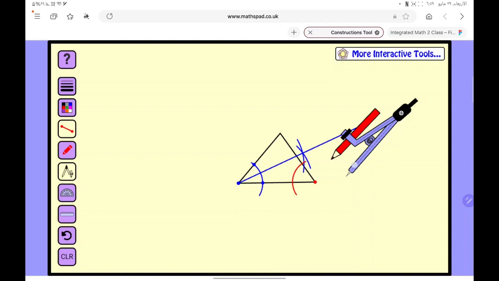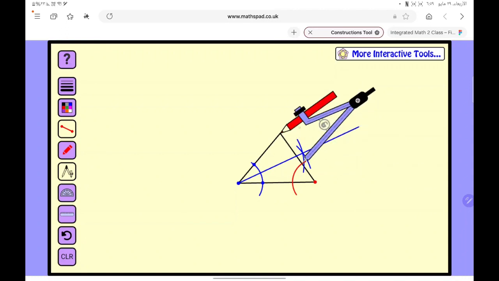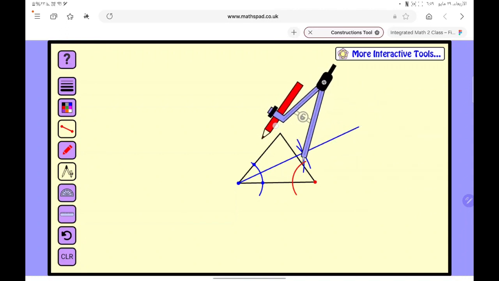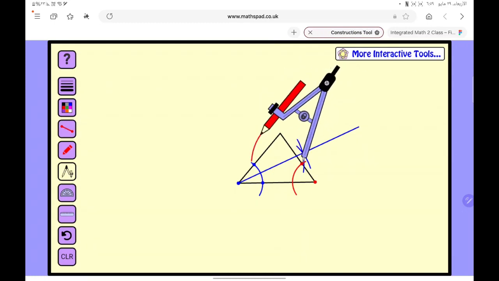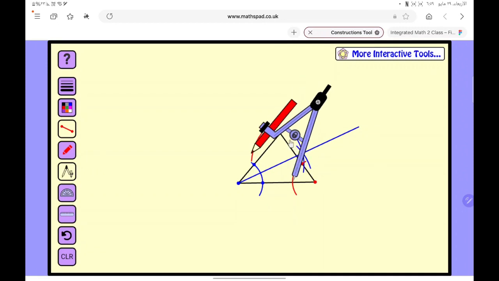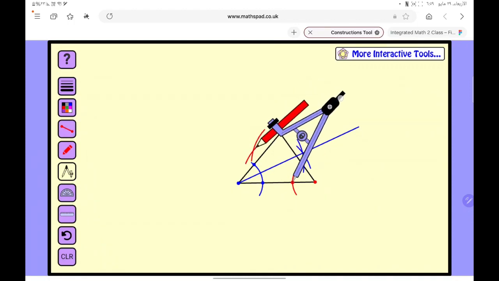Now take your compass, put it on the first intersection that we made here. Put your needle, now open your compass anywhere, somewhere here. Now draw your arc. So this is your first arc. Now with the same opening, put it on the other point and draw another arc.